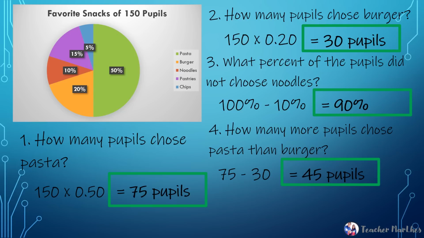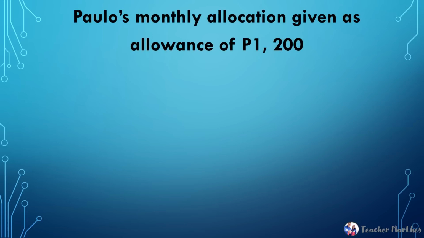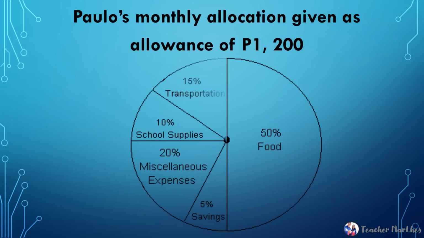So, ganun po. Next, we have Paulo's monthly allocation given as allowance of 1,200 pesos. So, 50% ng 1,200 ay para sa food, 5% for savings, 20% for miscellaneous expenses, 10% for school supplies, and 15% transportation.